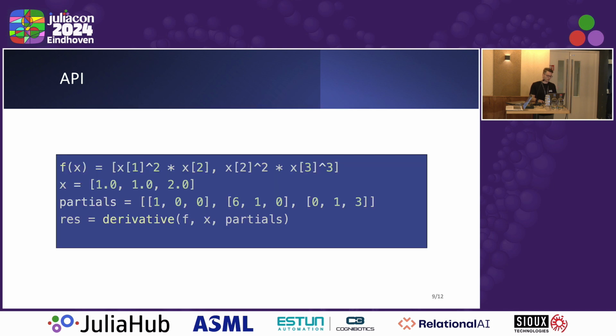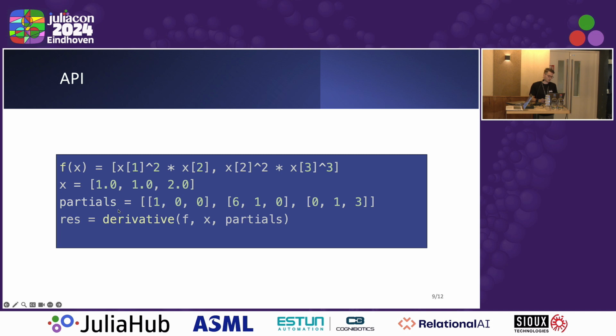There are also drivers for higher order derivatives, which can be accessed quite easily. For example, you can pass a list of partial derivatives in the following form. This partial derivative in the middle gives the sixth derivative with respect to x1 and the first derivative with respect to x2.